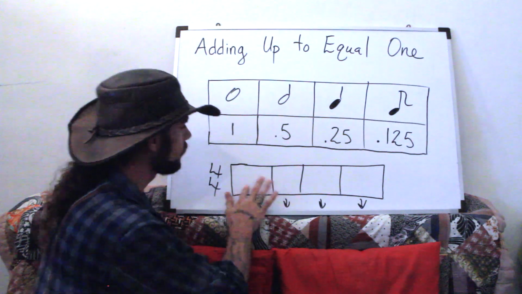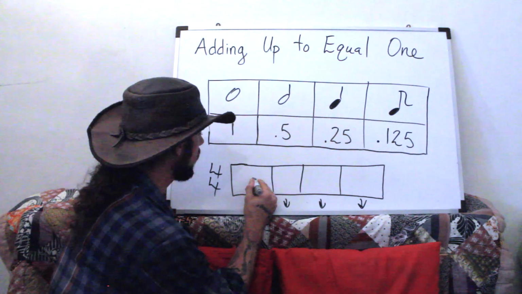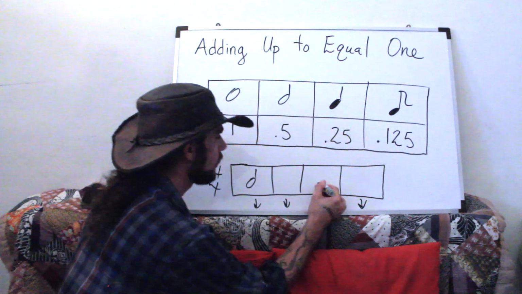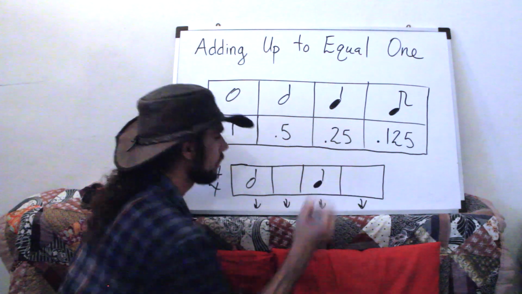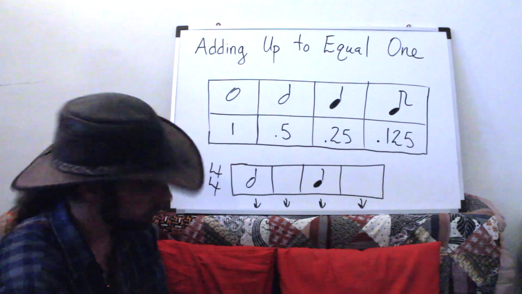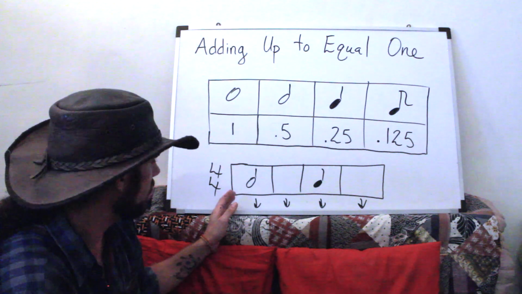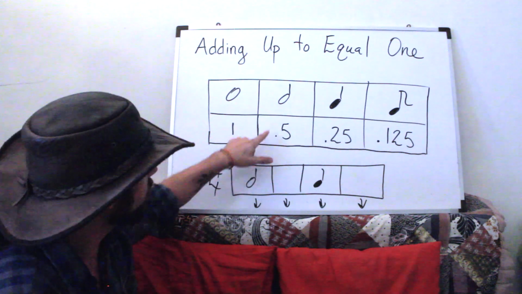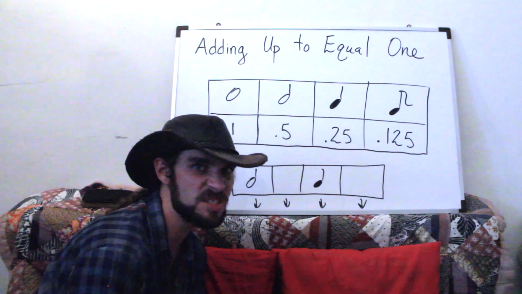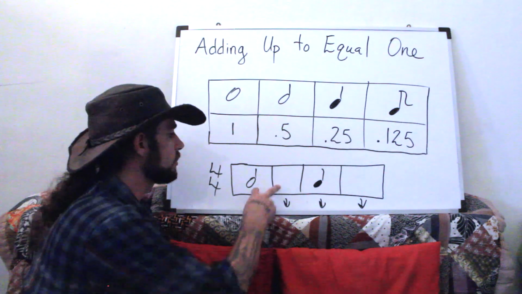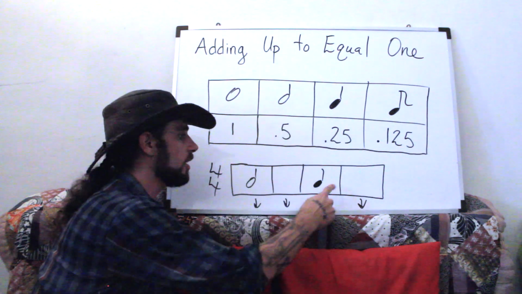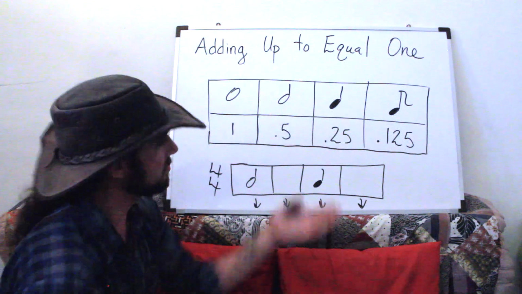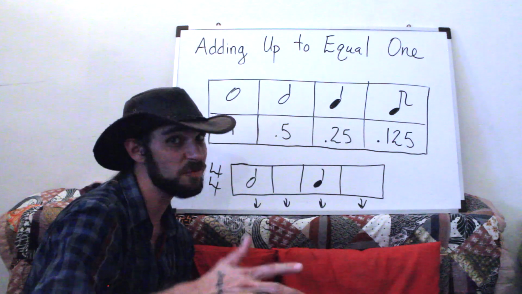If I were to, let's say, write a half note and a quarter. Alright, so this right here, we've got half, which is like 0.5 or like 50%, just taking up these 2 boxes. Then we have this quarter here, which is like 0.25 or 25%.